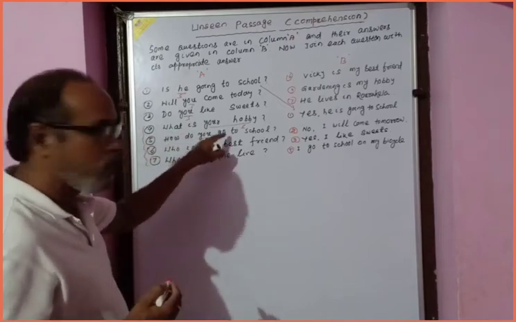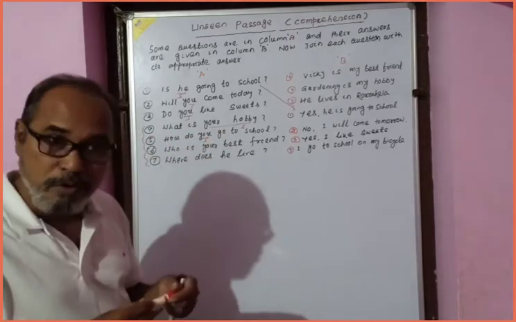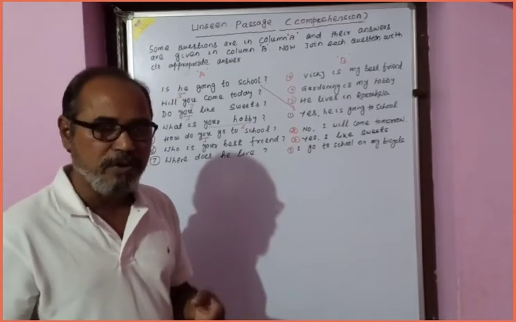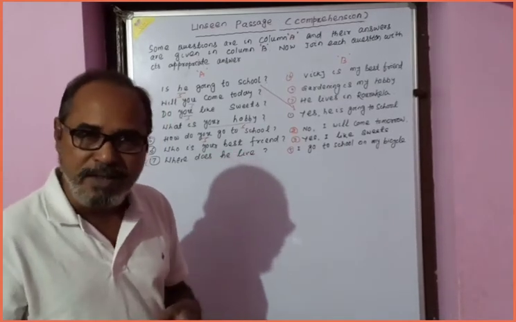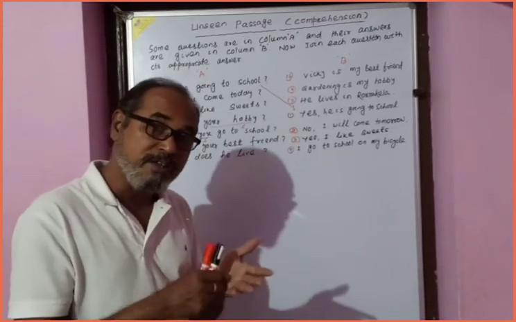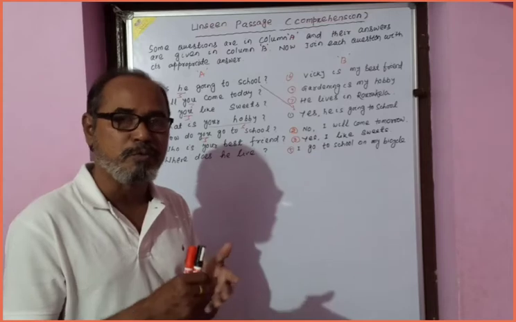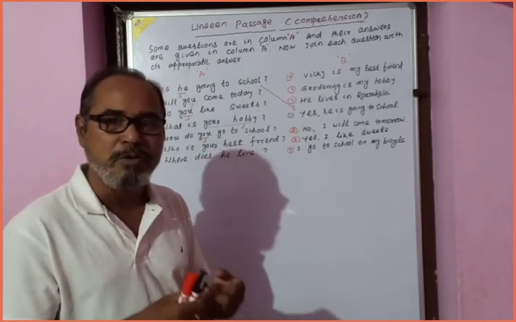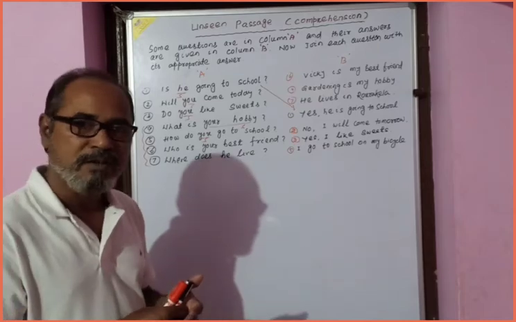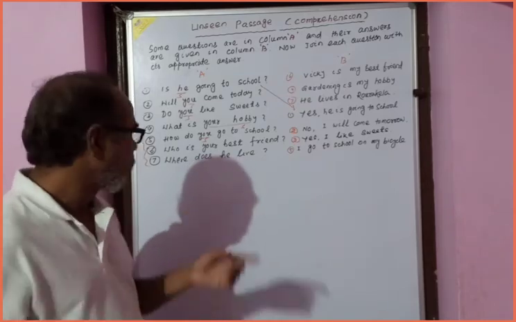Answer, your subject is you. Then I go. If there is do or does, it cannot be used while giving the answer. While we are putting a question in present simple tense, we can use do, does before the subject.